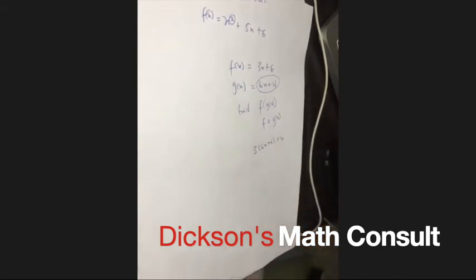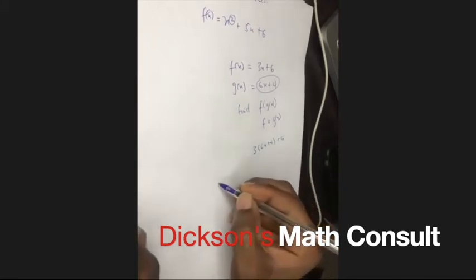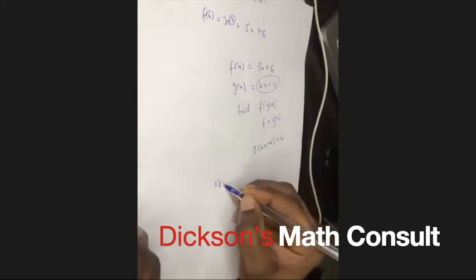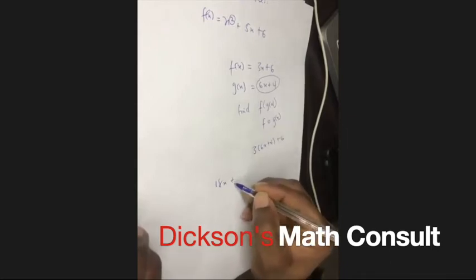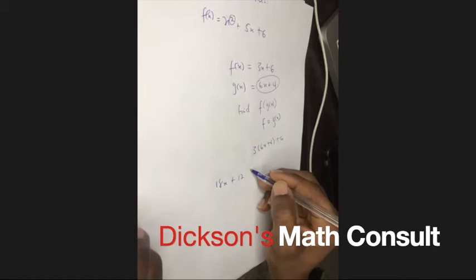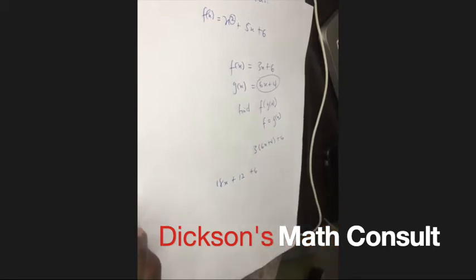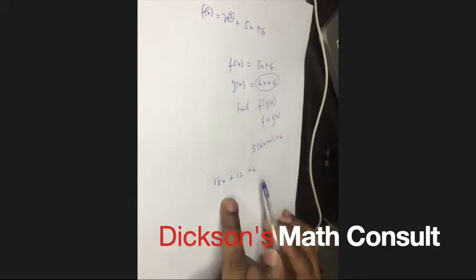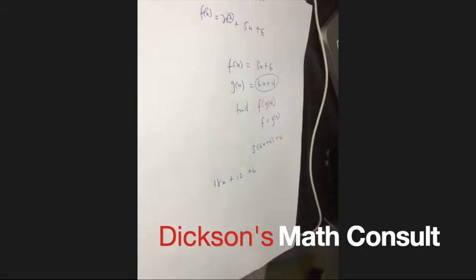Now the next thing I do is to expand. So now when we expand this, 6 times 3 is 18x, and then 3 times 4 is 12, plus 6. Now you realize that 12 and 6 are like terms. They are all numbers, so I can add them.